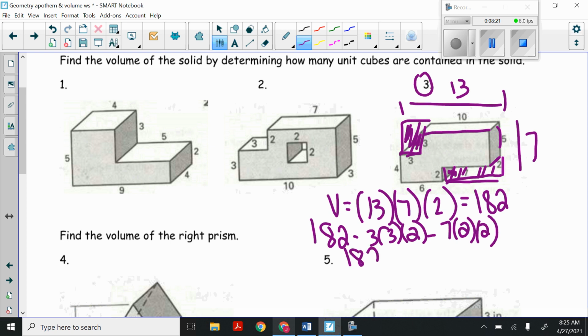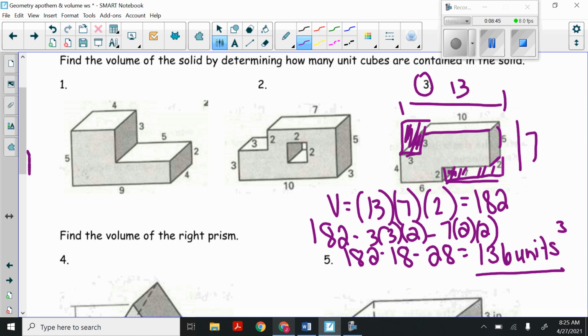So we end up with 182 minus 3 times 3 is 9, times 2 is 18, minus 7 times 2 is 14, times 2 is 28. So when we subtract all of that, we get 136 cubic units. So to find the volume of these, find the volume of the entire rectangular prism, and then find the volume of what was missing and just subtract it out.